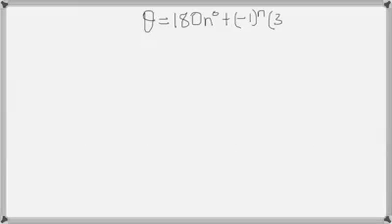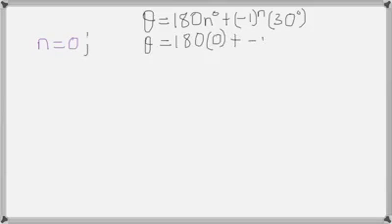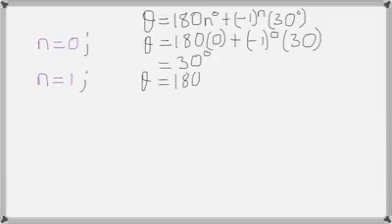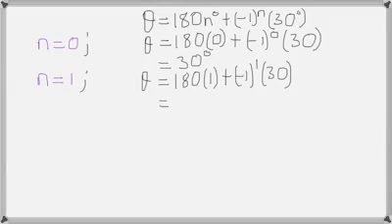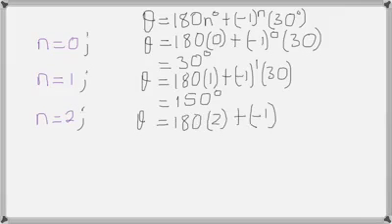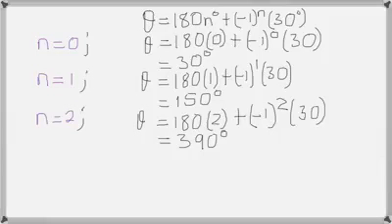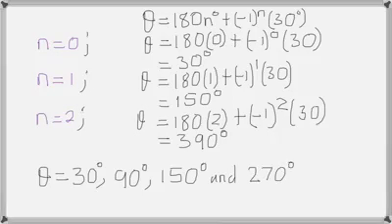Now, considering the second general solution, letting n equal 0, we have theta equal to 30 degrees, and letting n equal 1, we have theta equal to 150 degrees, and letting n equal 2, we have theta equal to 390 degrees. Now, taking the values of theta which are in the range from 0 degrees to 360 degrees, we have our solutions as theta equals 30 degrees, 90 degrees, 150 degrees, and 270 degrees.